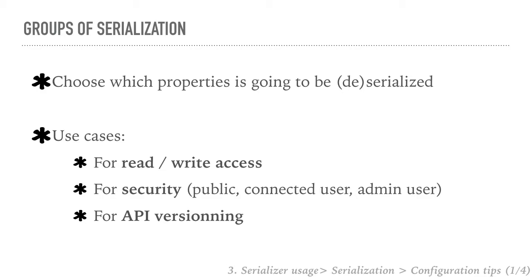It could also be useful for security purposes, because according to, let's say, some security rules, you are going to display some properties or others. And it's also useful for API versioning, because you know that when you are creating a new API or new application, you have to think about the evolution of your application. You always have to have in mind the versioning of your application.